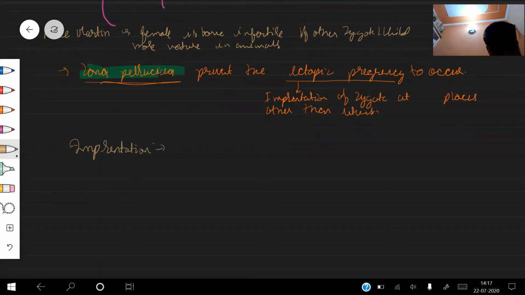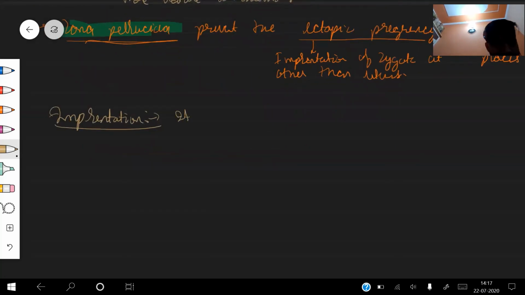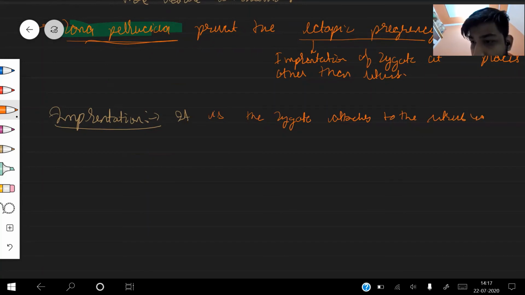What is implantation? It is when the zygote attaches to the uterine wall, mainly the lateral wall of the uterus.